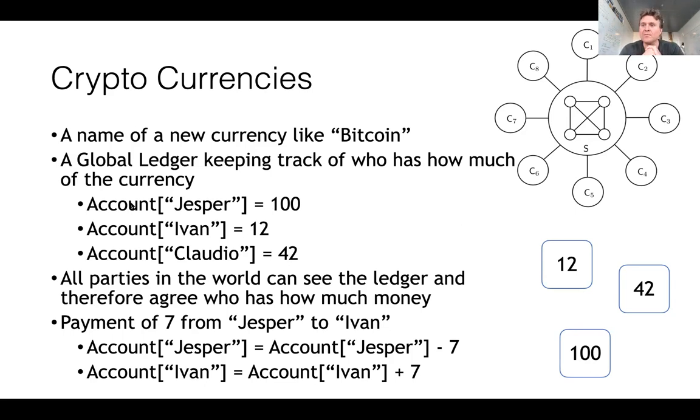What you can do is give it an input which makes money move from one account to another. For example, if you give it an input which triggers a payment of 7 from the account called Jesper to the account called Ivan, the only thing the state machine will do is decrement by 7 the account of Jesper and increment by 7 the account of Ivan. That is clearly a state machine, right?